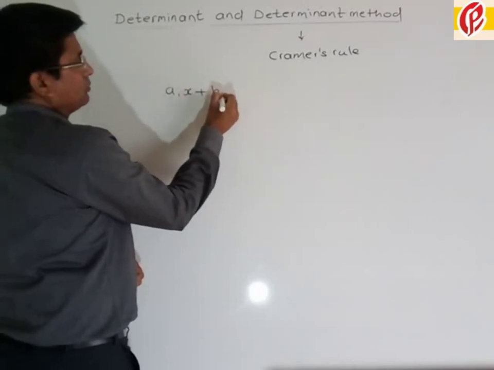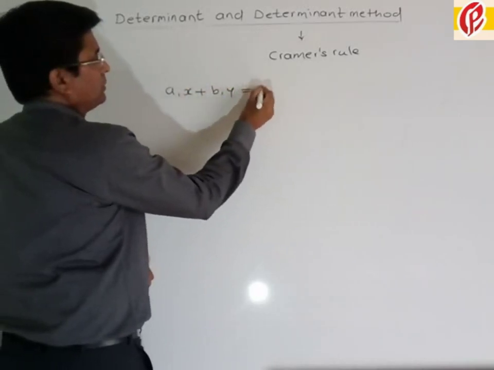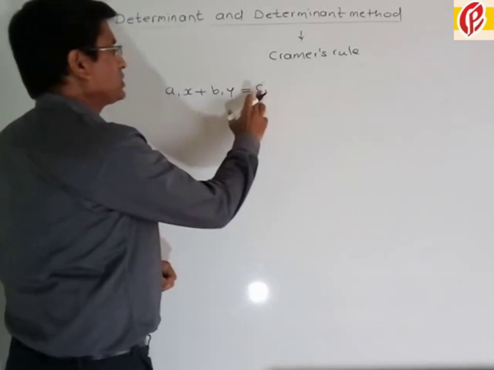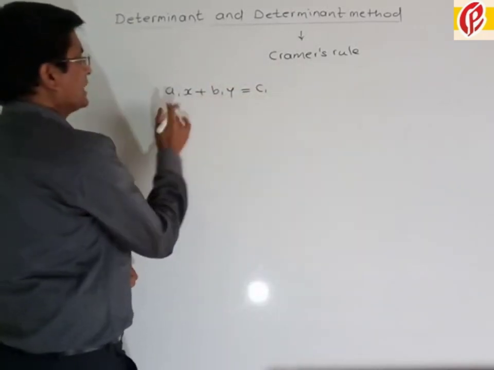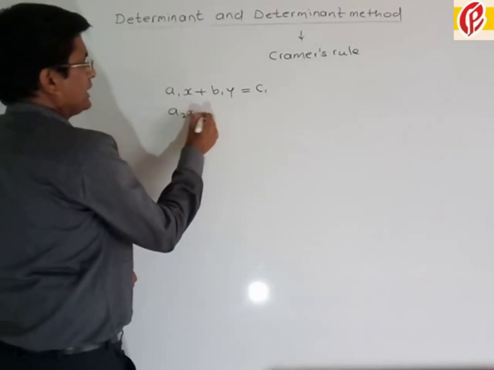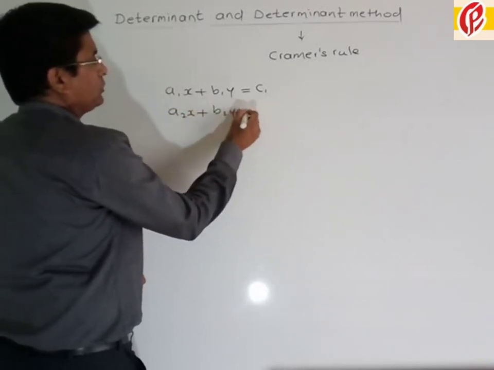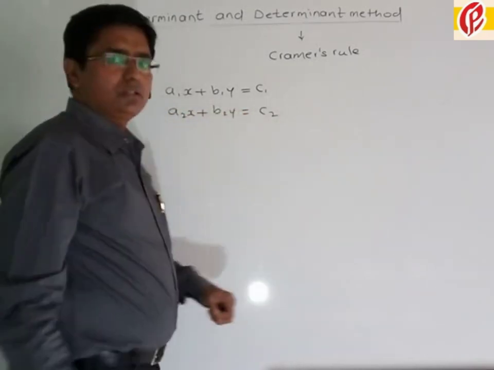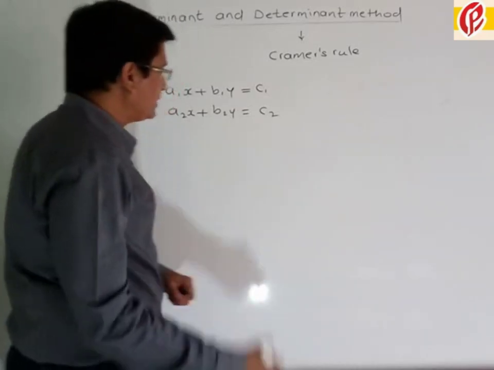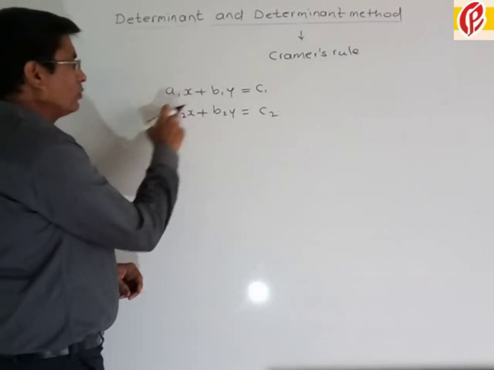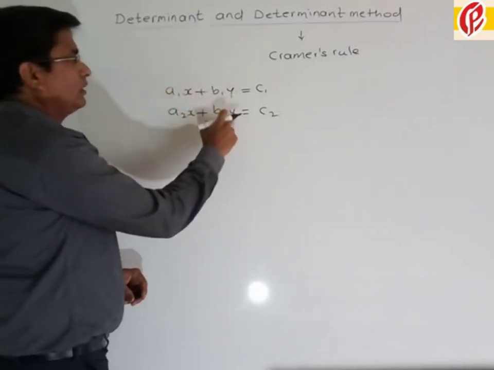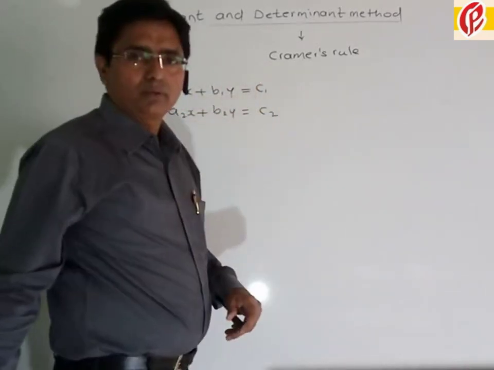a1x plus b1y is equal to c1. This constant should be on the right side. Then second, a2x plus b2y is equal to c2. And in the determinant form, you will have to take the coefficients of x and y and the constant number.